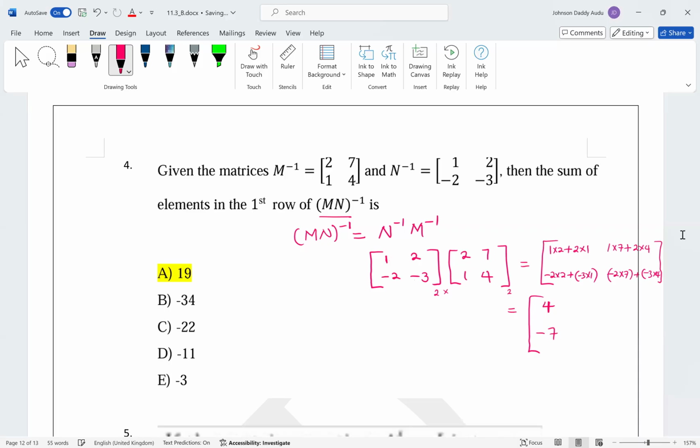Then this one here is 1 times 7, which is 7, so you have 7 plus 8, this is 15. And here it's minus 14 minus 12, which is minus 26. But what are we interested in? We're interested in the sum of the elements in the first row. So it means this one, like this, and that should give us 19.